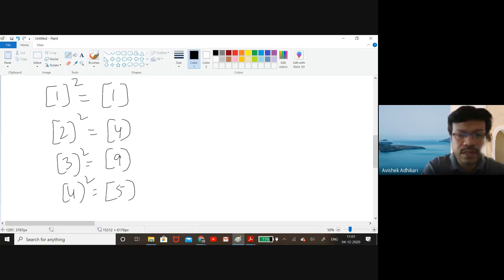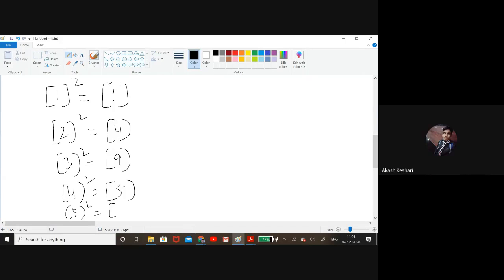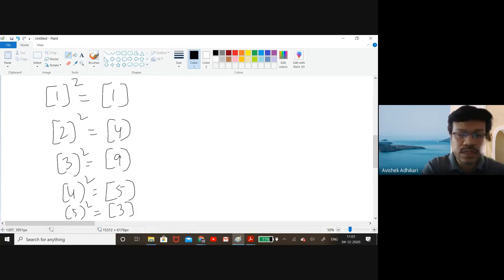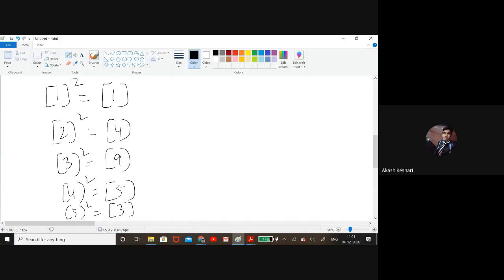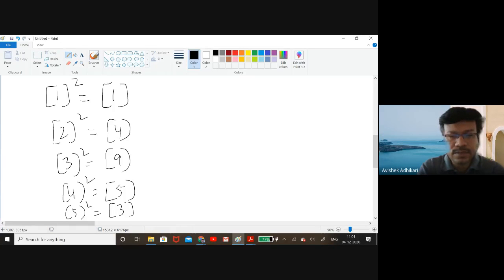If I consider 5 square, how much is it? 25. 25 in Z11 is how much? 3. Now if I consider 6 square, what is the value? 36. 36 modulo 11 is again class 3, right?